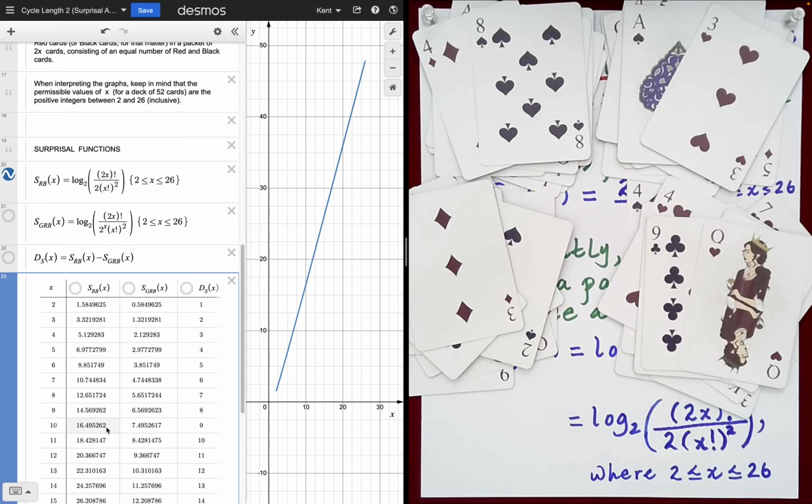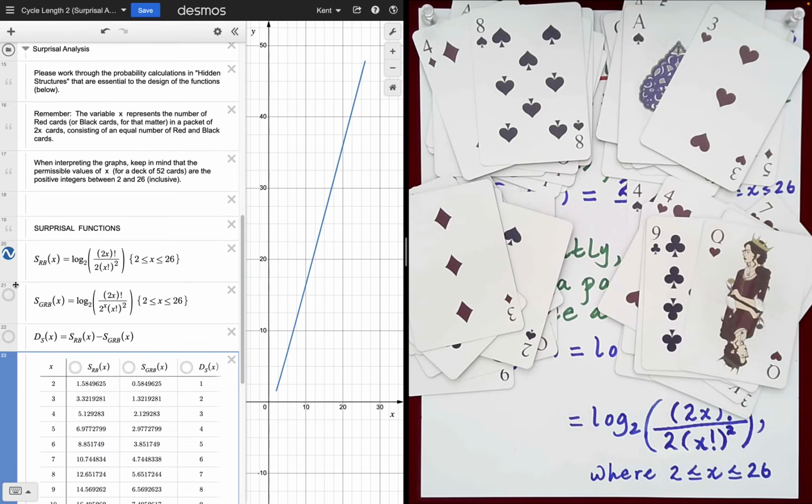And then if we were to Gilbreath shuffle that packet, the ending structure would generate about 7.5 bits of Surprisal, because every pair of cards taken from the top will consist of one red and one black. And that can be seen on the second graph here, the green one, okay?